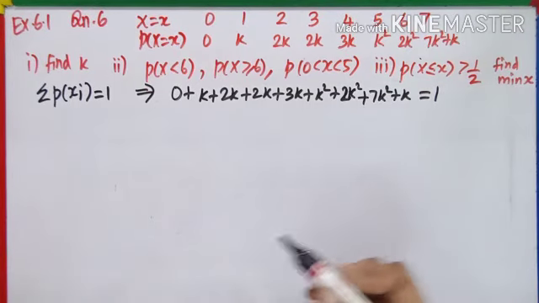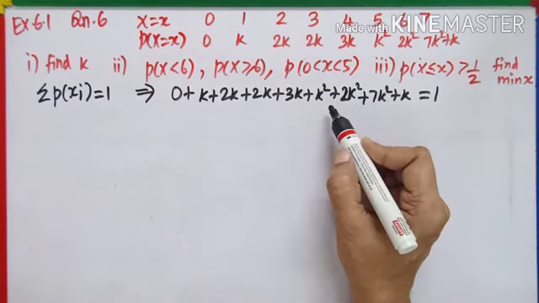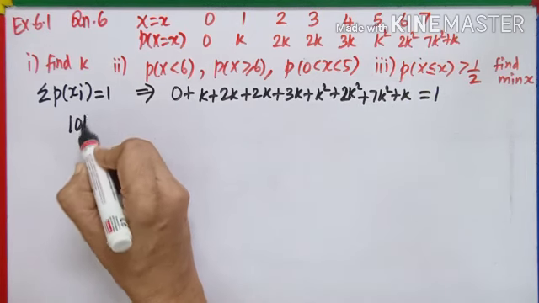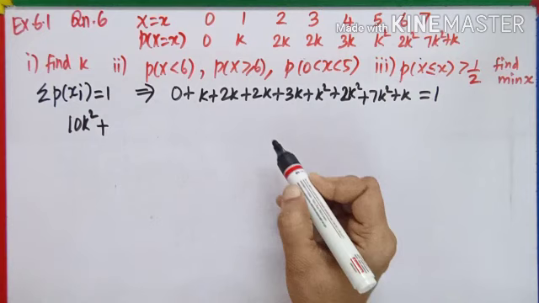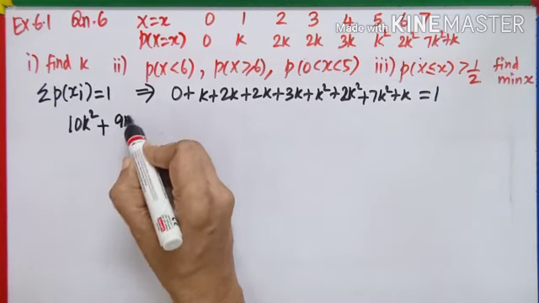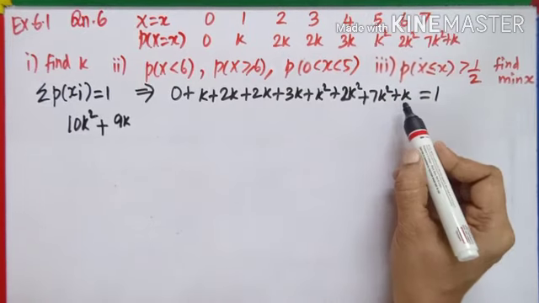Together the total answer is 1. Adding all the k square, it is 7k square, 2k square, k square, 10k square. Adding all the k's, 3k, 5k, 8k, 9k, and nothing more.